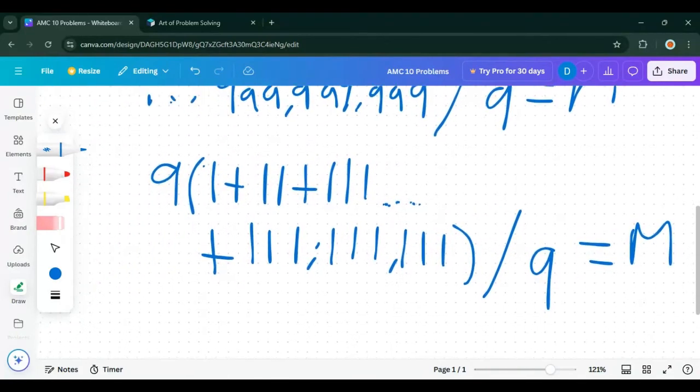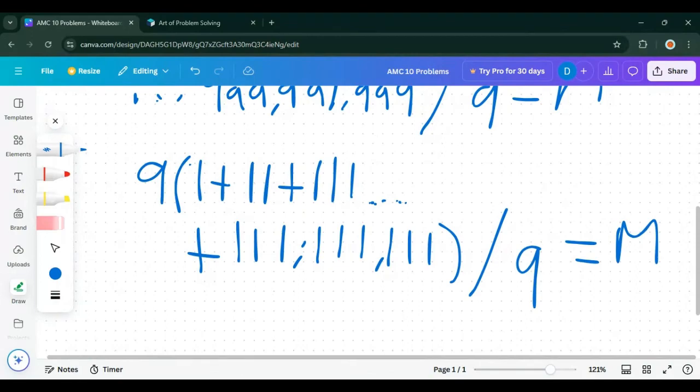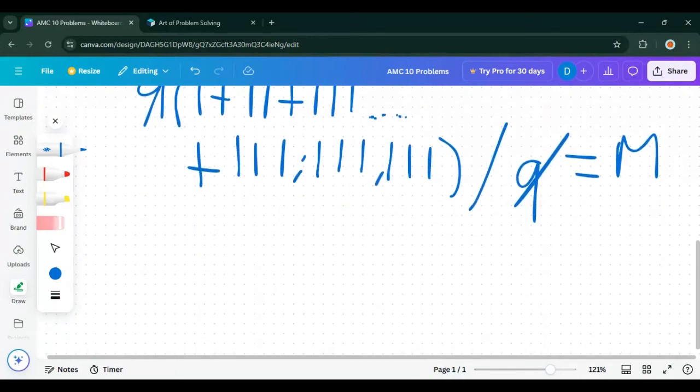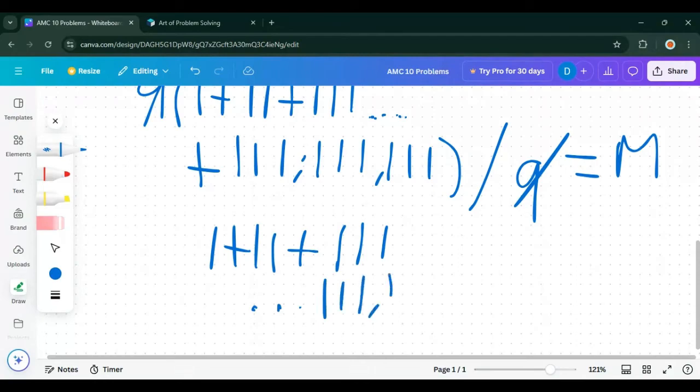Well, if we're dividing this by 9, we can cancel something out. And as you see here, we can cancel the 9s out. So we cancel the 9 in the denominator and also the 9 in the numerator, and we get 1 plus 11 plus 111 all the way up to that big number. So we have that big number, which is equal to m.